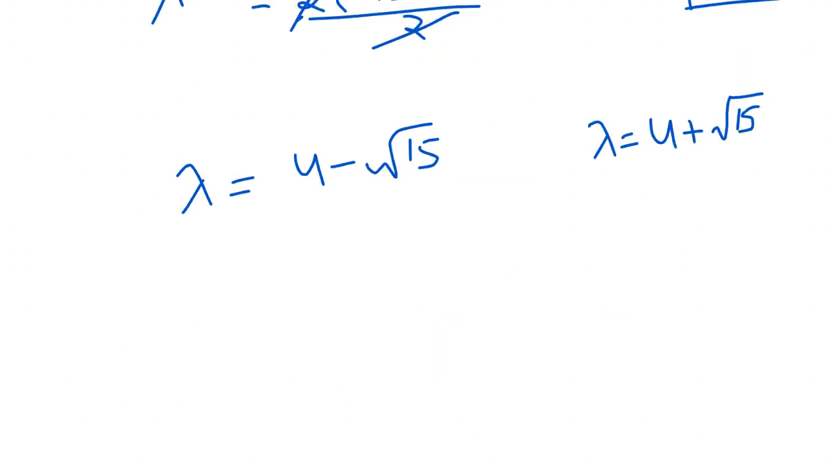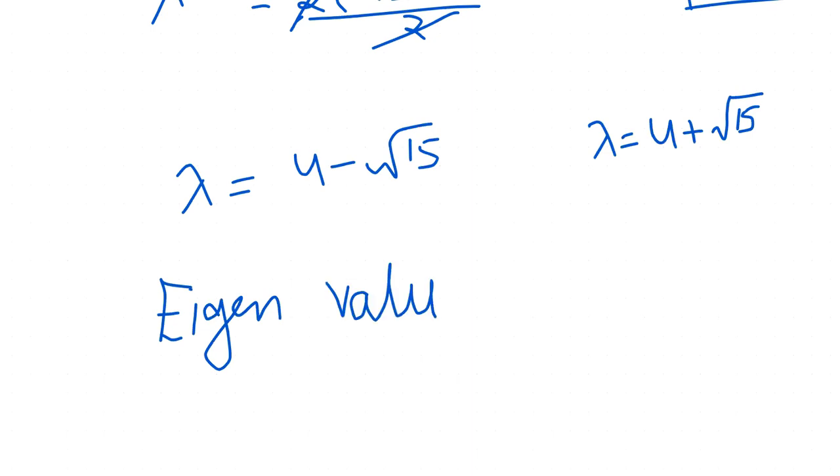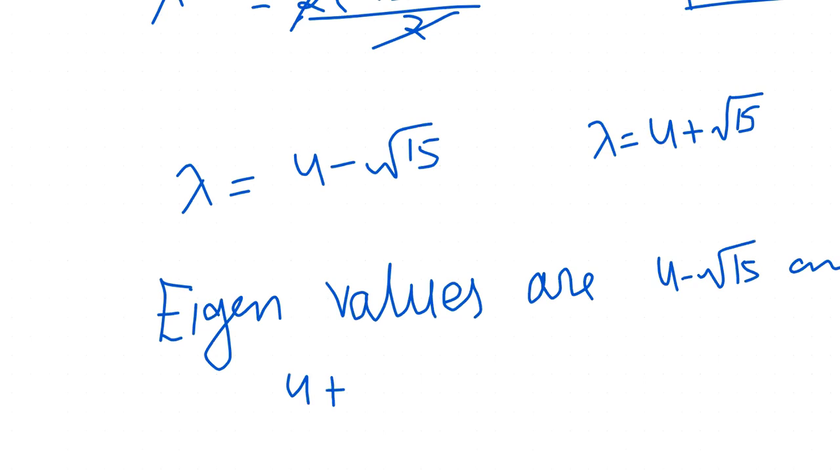We can conclude the eigenvalues are 4 minus square root of 15 and 4 plus square root of 15. Now we need to find eigenvectors.